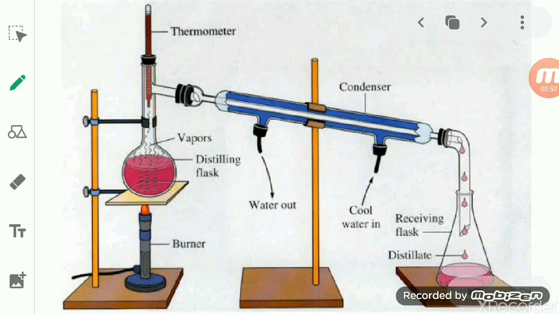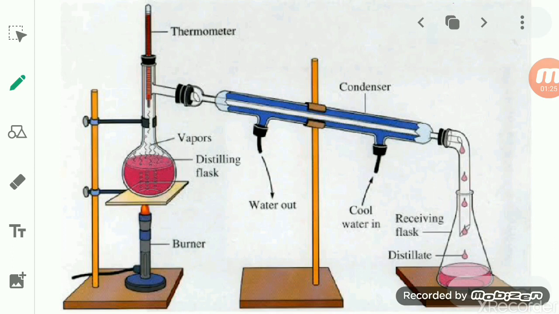Now see here, when we were talking about the process of evaporation, we were simply taking a solid component and a liquid mixed together. The liquid was a solvent, water or any kind of solvent, and due to evaporation the water evaporated in the form of vapor and goes into the atmosphere.